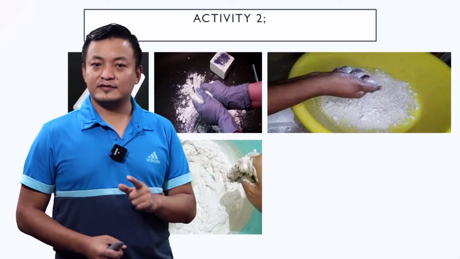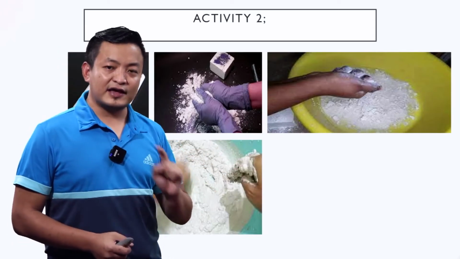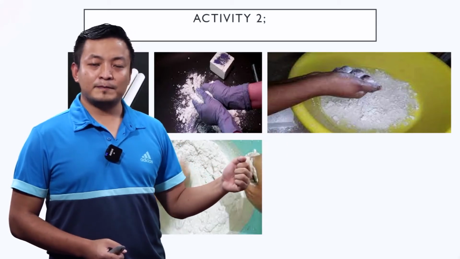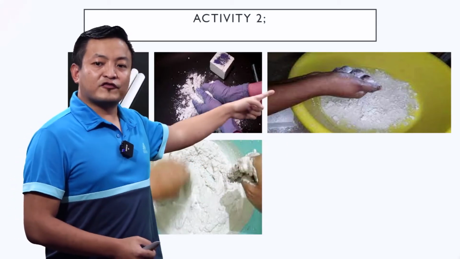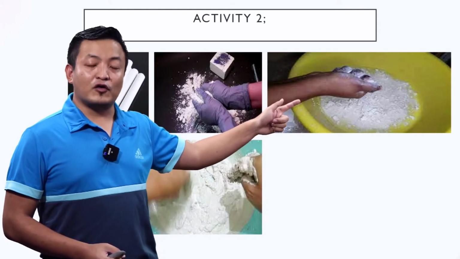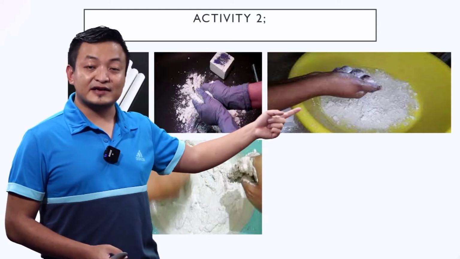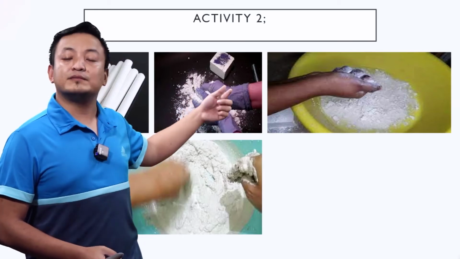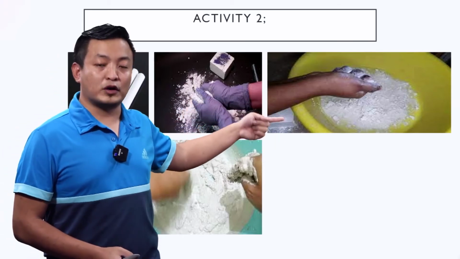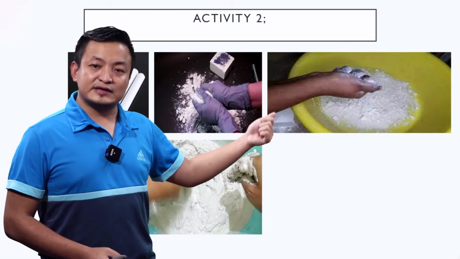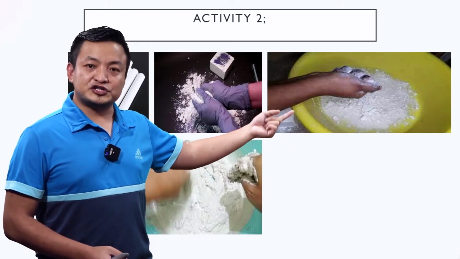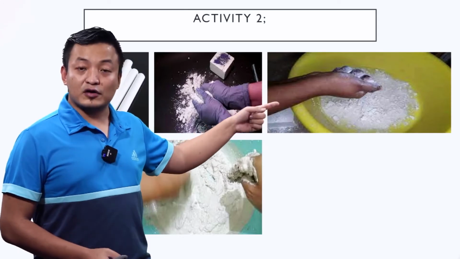And then, the last thing you have to do is roll this with our finger, in the shape and size of a chalk. After making a paste, after adding water, we'll take this in our hand and roll it into the shape and size of a chalk.